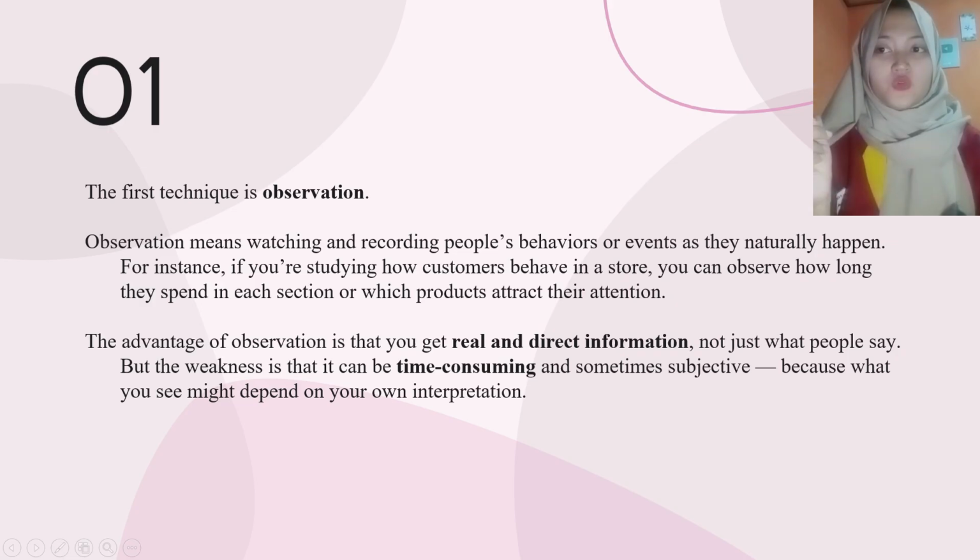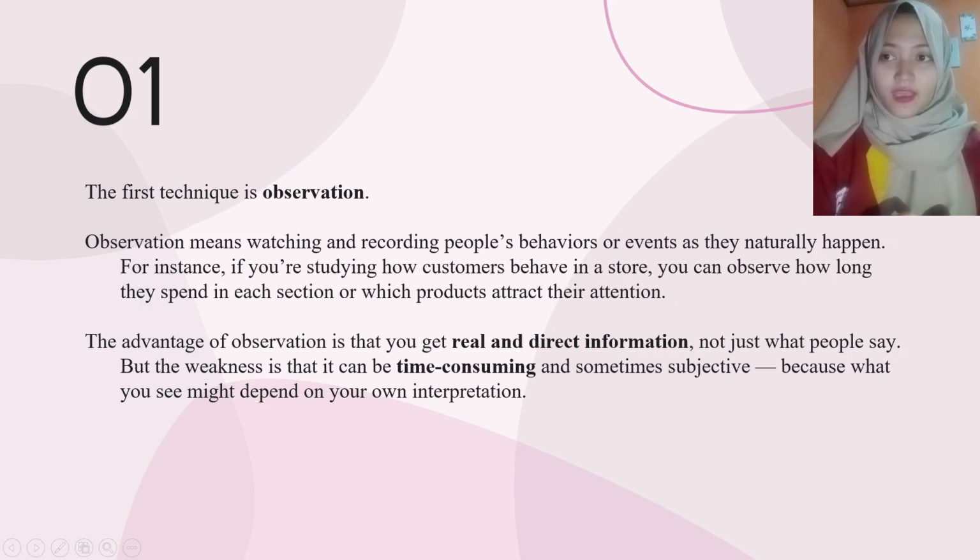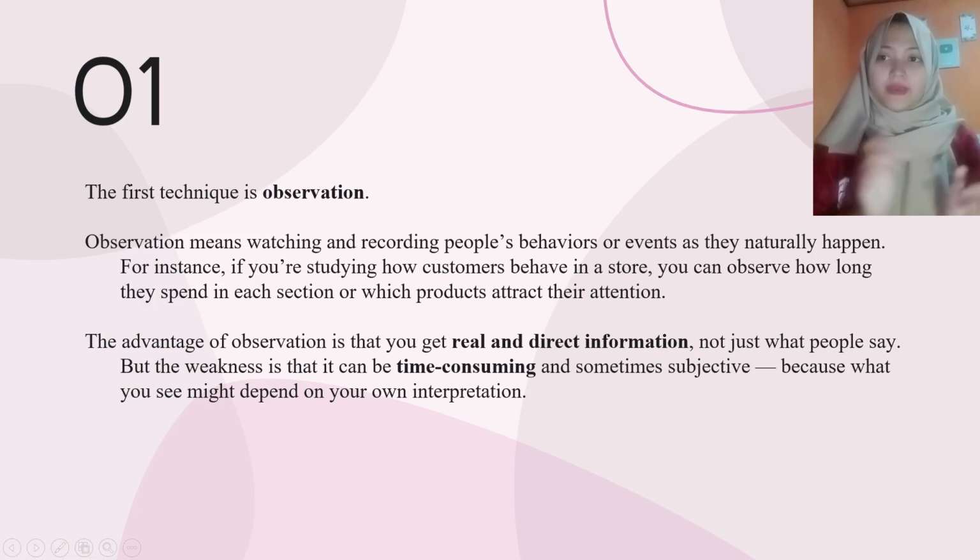The advantage of observation is that you get real, direct information, not just what people say, but the weakness is that it can be time consuming and sometimes subjective because what you see depends on your own interpretation.